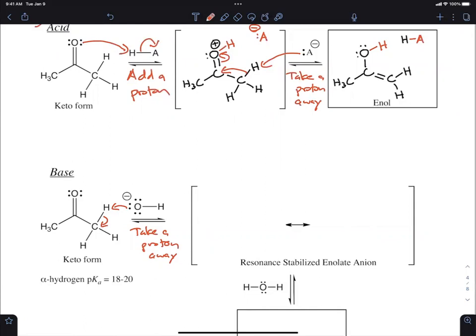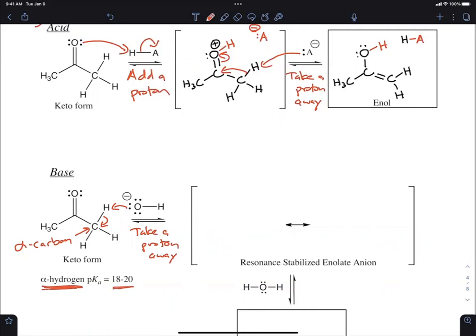It's not just any hydrogen. It's a special hydrogen. We call them alpha hydrogens. We call the carbon that is attached to a carbonyl an alpha carbon. And we give it these special designations because they have special properties. In particular, a hydrogen that is on an alpha carbon, the alpha hydrogens, have a pKa in the 18 to 20 range.